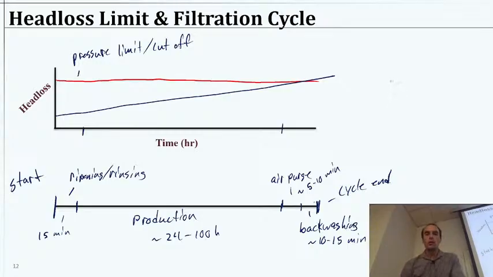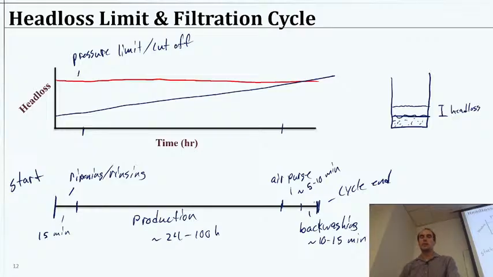So when we start filtration, let's say we have our filter bed here. Early on, we might have this much head loss or pressure or height of the water, but then over time, it will go up and up and up.